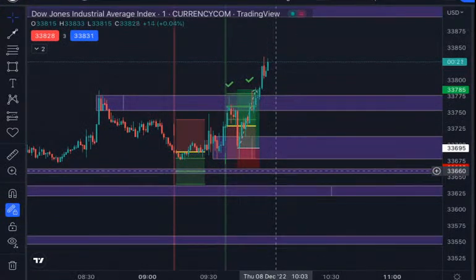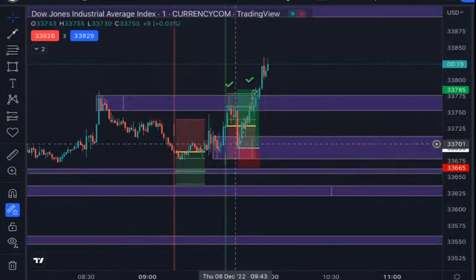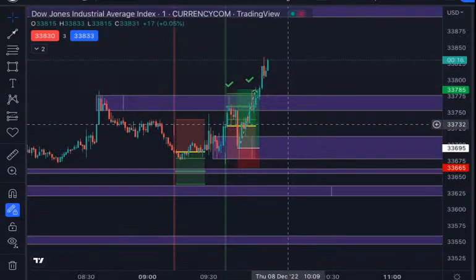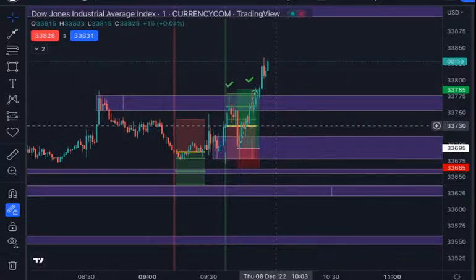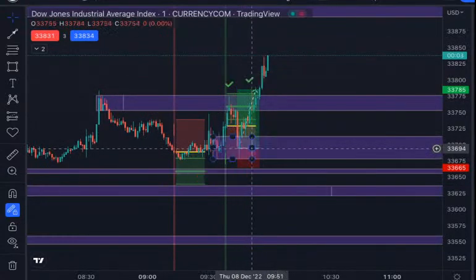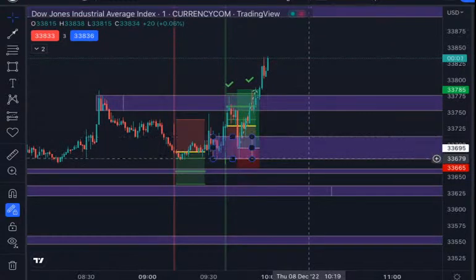Yeah, 50 points. And this position that I actually called out, if you rewind the tape, if you're just joining me, you'll see that after the break of structure up here, I set up this buy situation. I identified these levels, this zone right here.